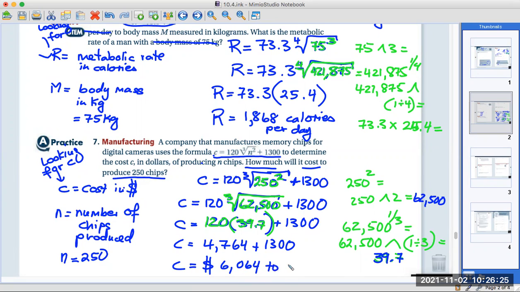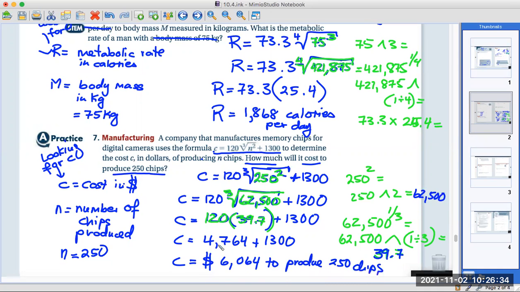That's the cost to produce 250 chips. And there's our answer. So these problems are not that hard if you understand what they're asking and you understand what each variable means and you know what to plug in and how to simplify it correctly. And one variable will be the one you're looking for.